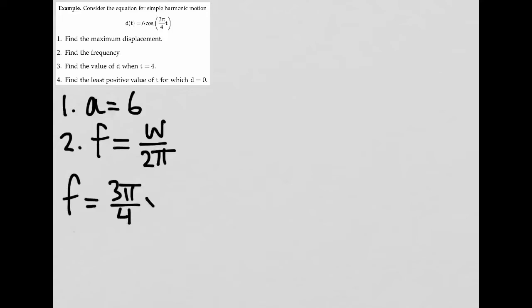We know that the frequency is omega over 2 pi. We know that omega is 3 pi over 4, so the frequency is 3 pi over 4 divided by 2 pi. Dividing by 2 pi is simply multiplying by the reciprocal of 2 pi. So the frequency is then 3 over 8 cycles per unit time.